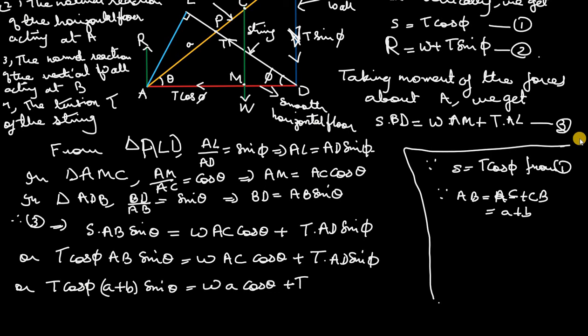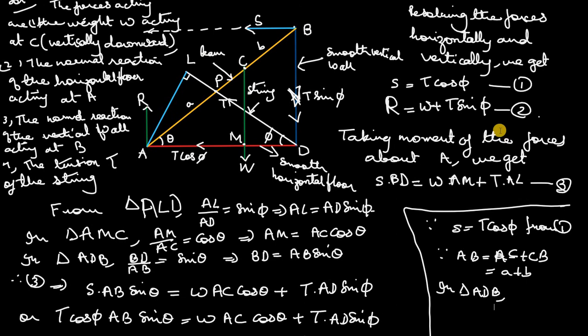So here in triangle ADB, you can see in this figure, AD will be the base. So AD by AB will give you sine theta.